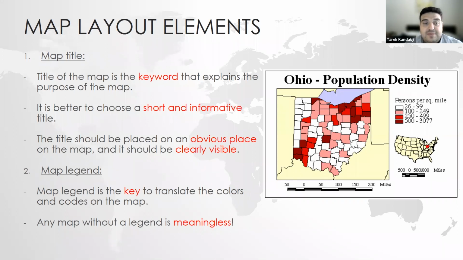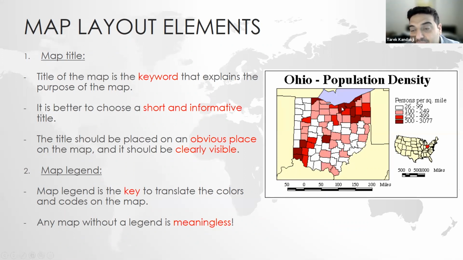Now, the other most important element is the map legend. The map legend is basically your map. Simple. It's what you want to show. If you have a map with colors and no legend, it will be completely useless. The legend I'm talking about is the code description. For example, in this Ohio population map, see these colors?